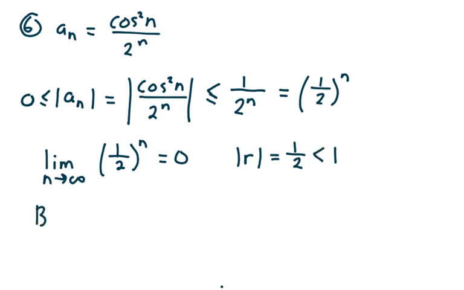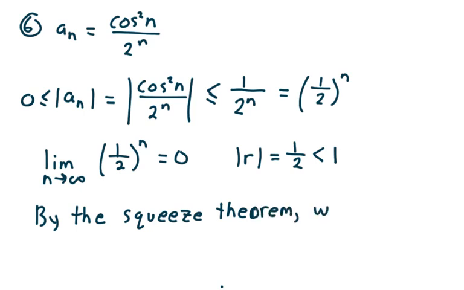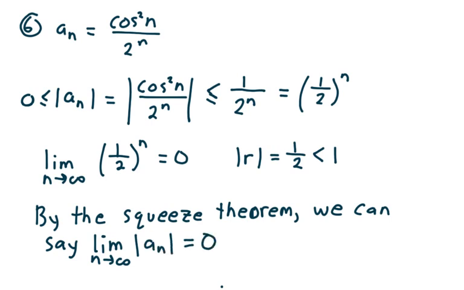So by the squeeze theorem, we can say the limit as n goes to infinity of the absolute value of a sub n is equal to 0.